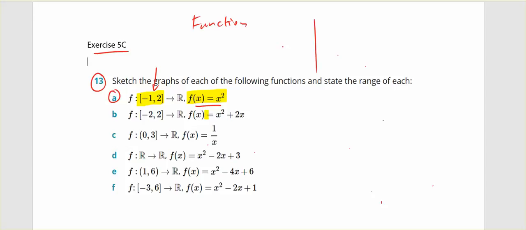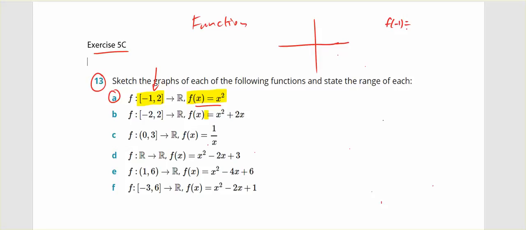First things first, because I know what the normal quadratic looks like, but we only want the piece between -1 to 2, we need to actually find the endpoint. So you'd simply sub in x is -1 into the function.